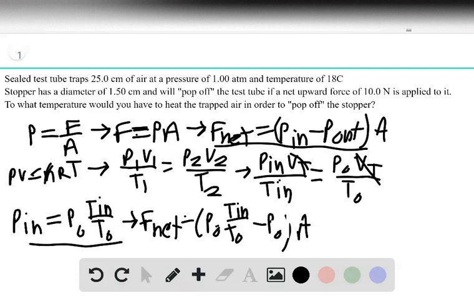P out is our original pressure. Okay, so we can solve that equation.